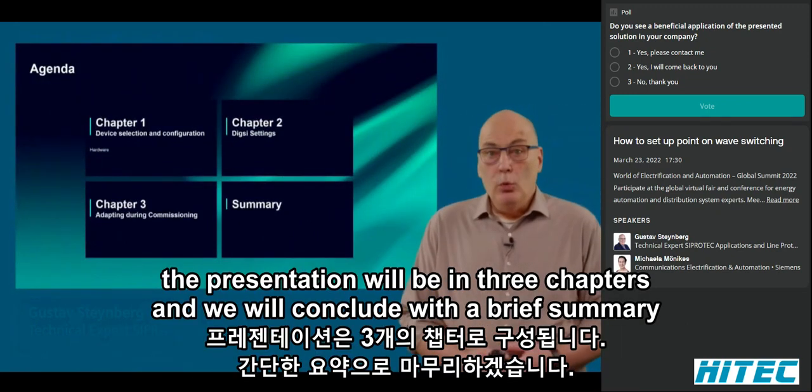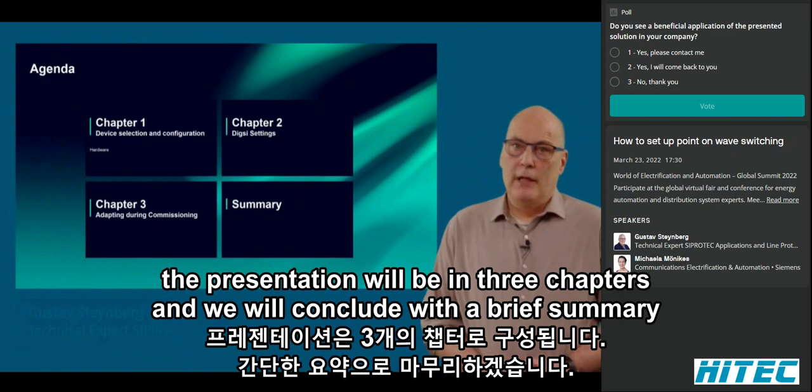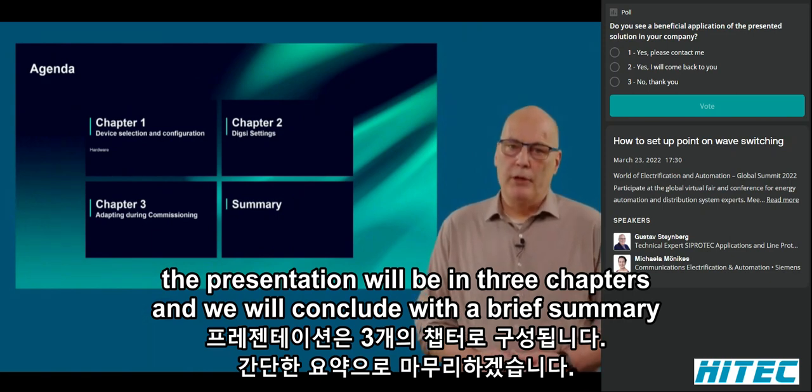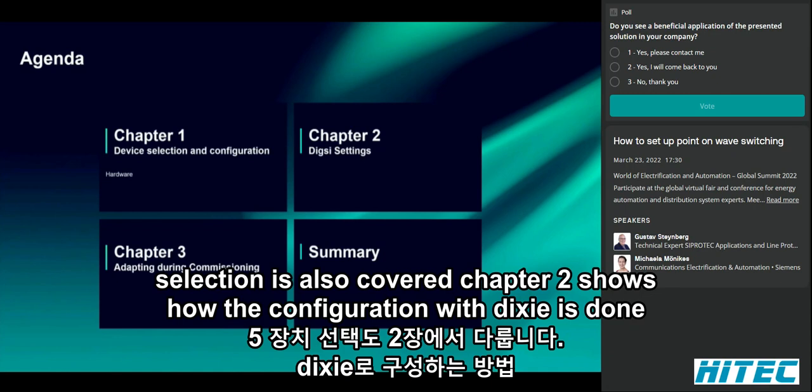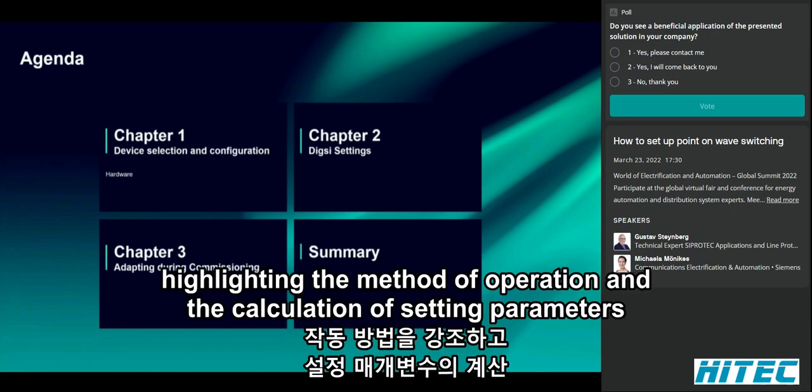The presentation will be in 3 chapters, and we will conclude with a brief summary. Chapter 1 provides some general information on the equipment required. The SIPROTEC5 device selection is also covered. Chapter 2 shows how the configuration with Decay is done, highlighting the method of operation and the calculation of setting parameters.